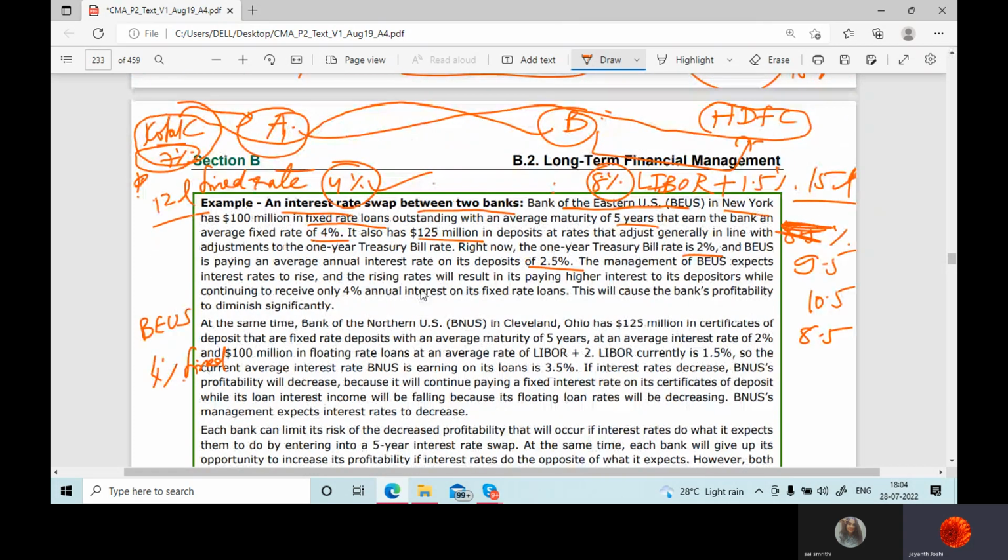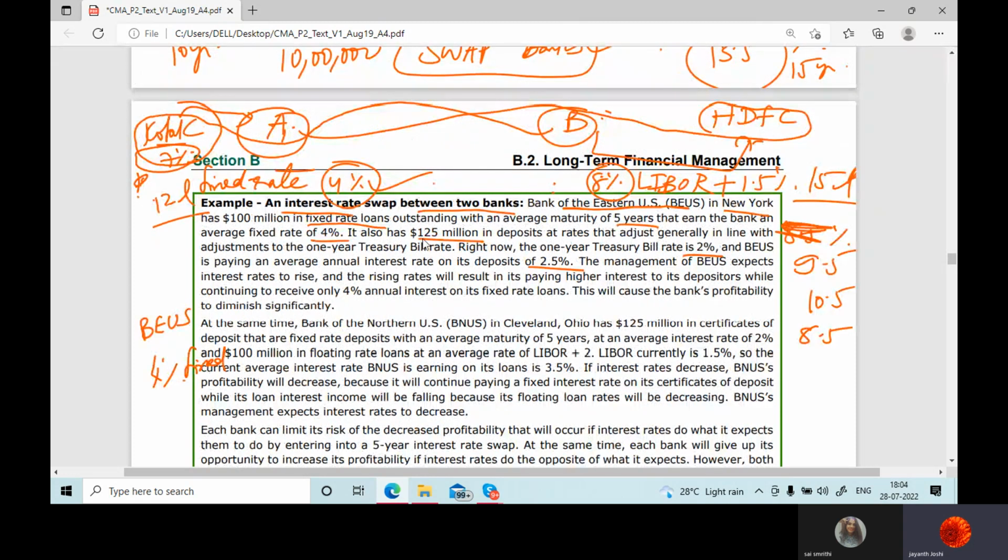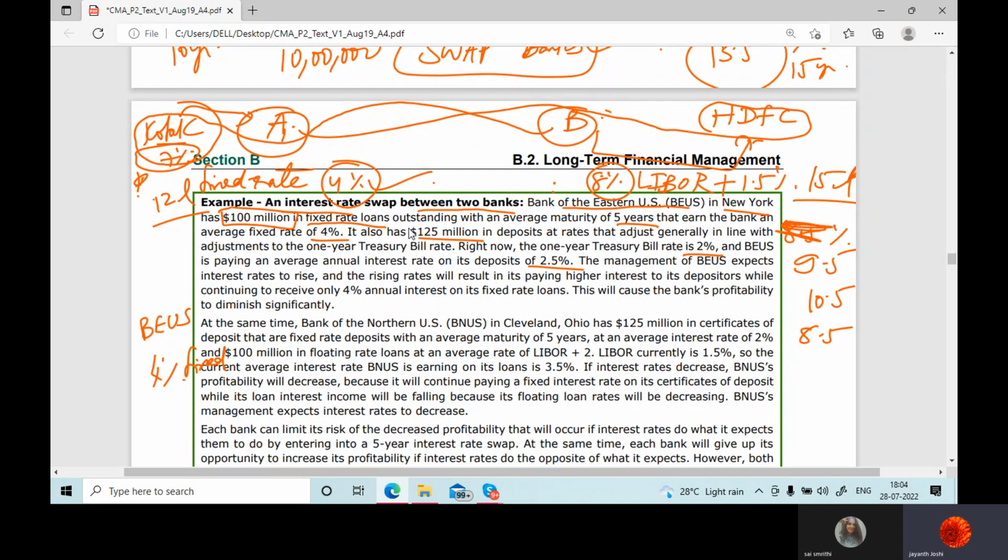So we'll understand this. They have given loans of $100 million and they are having deposits of $125 million. On loans they are supposed to receive interest, on deposits they have to pay interest. On loans they are charging fixed interest, and on deposits they have to pay interest at floating rates, and the condition for that is also given. So it has $125 million in deposits at rates that adjust generally in line with adjustments to the 1-year treasury bill rate.